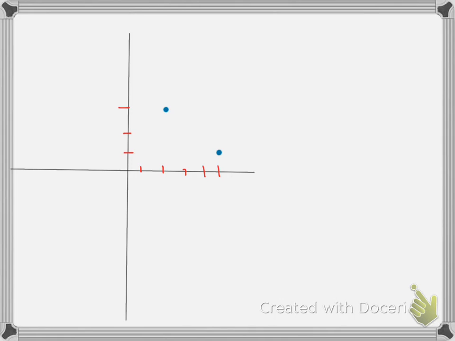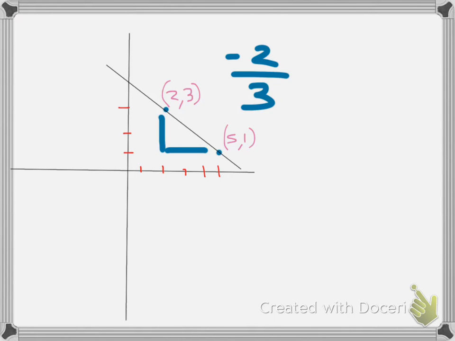It's very similar to the last problem, except that we have to come up with the points. So this would be 2, 3. This would be 5, 1. And the slope looks like, if I went down 2 and over 3, so my slope is -2/3. So I'm going to just start plugging values into my general form of point-slope form.